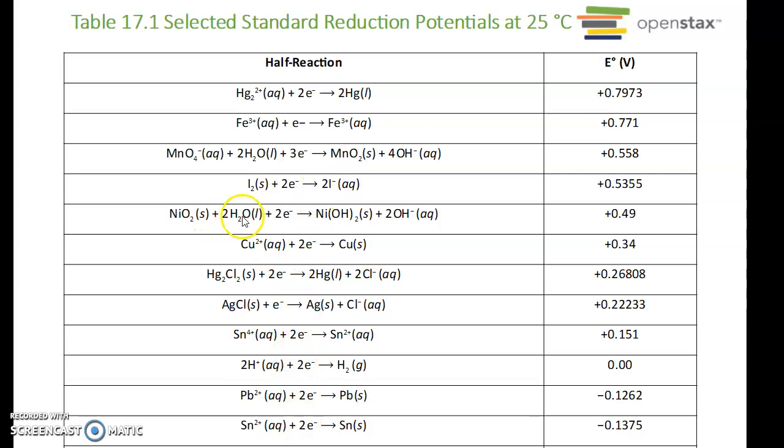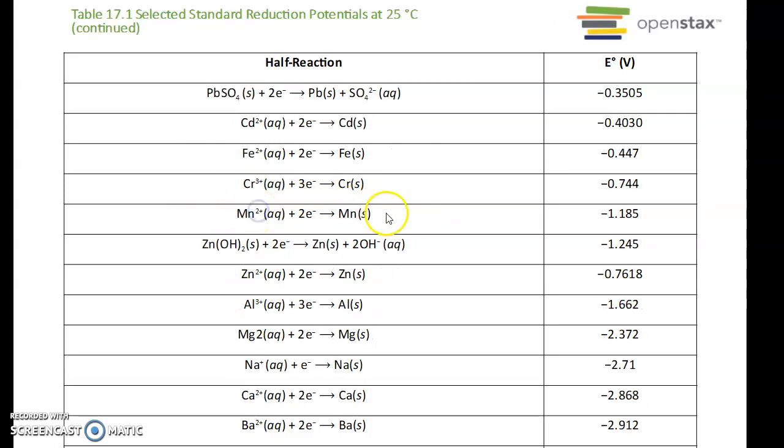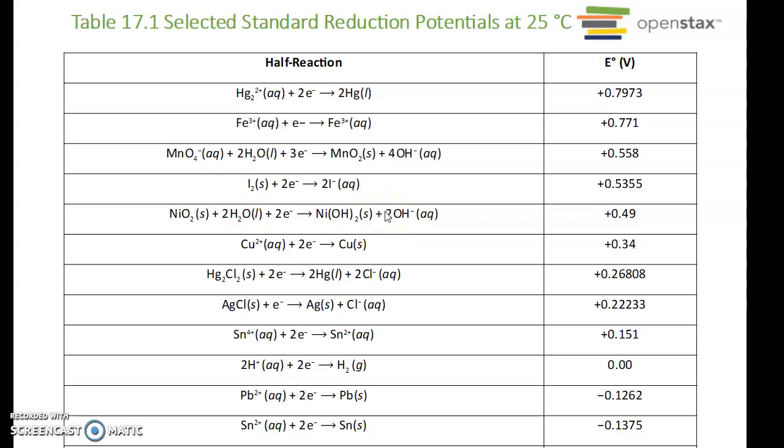You'll notice that there are a couple of things where, because of the oxygen that's involved in this species versus the OH that's here, you have to have the additional balancing of water and the hydroxide ion in that example. Likewise, that happens again when we get down to this equation right here as well.